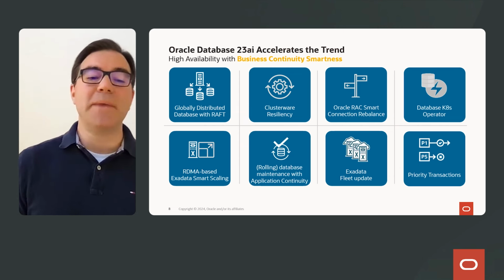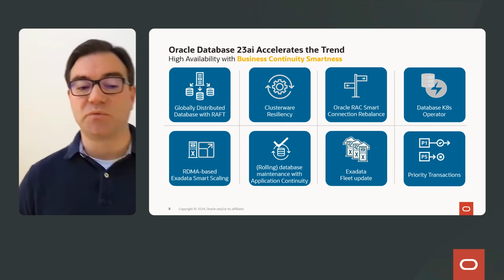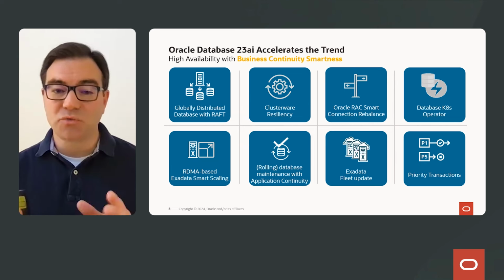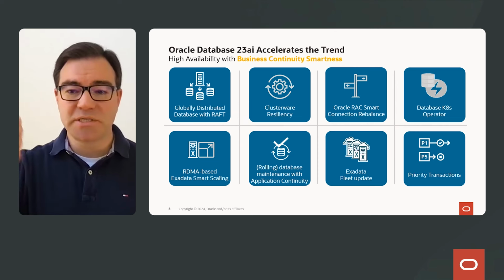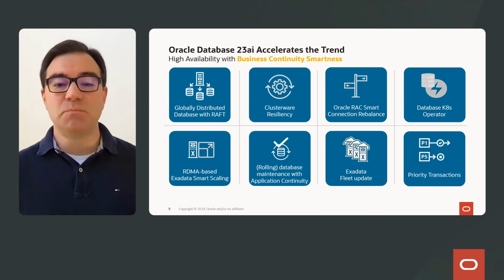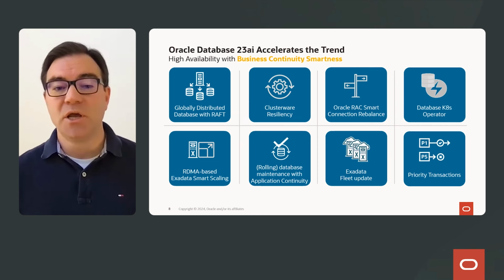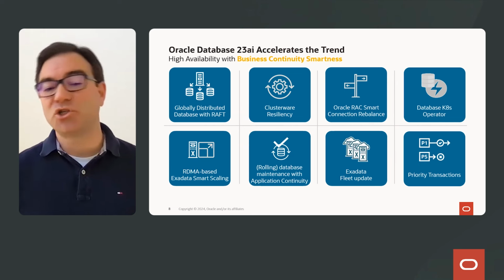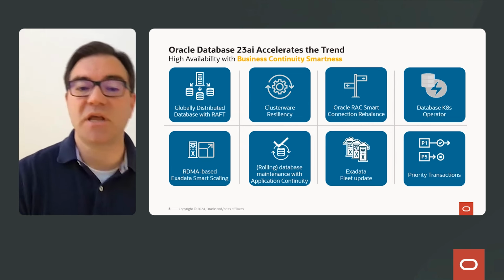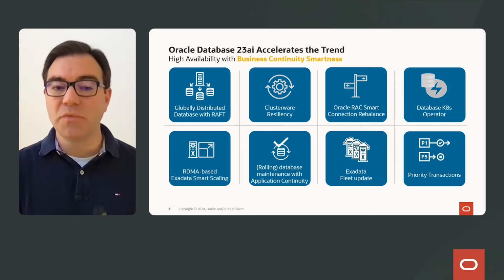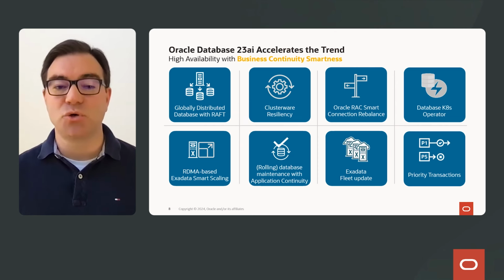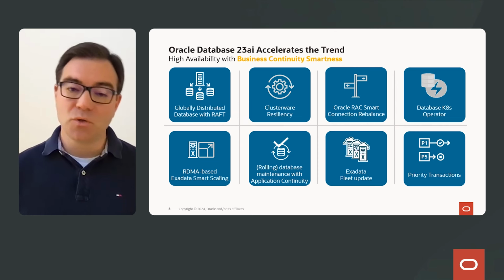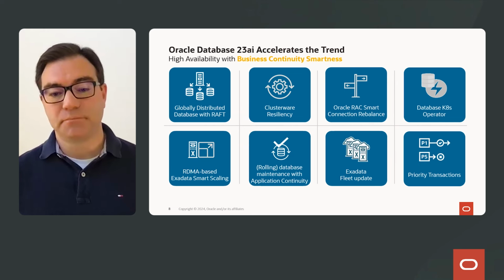The first feature that I want to mention is globally distributed database with RAFT-based replication, because the RAFT-based replication allows globally distributed database to detect and react smartly and swiftly to a failure or an outage of a shard or its replica, so that it can fail over workload from the impacted shard or replica to another one to ensure business continuity swiftly, but also in a smart fashion.